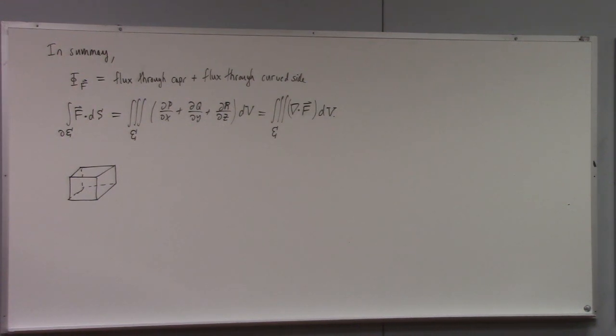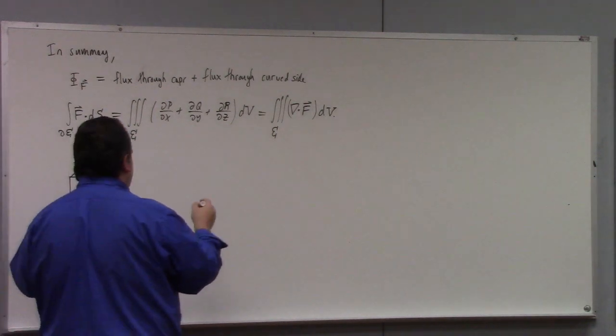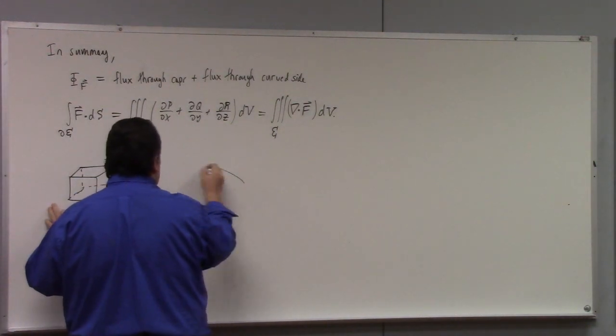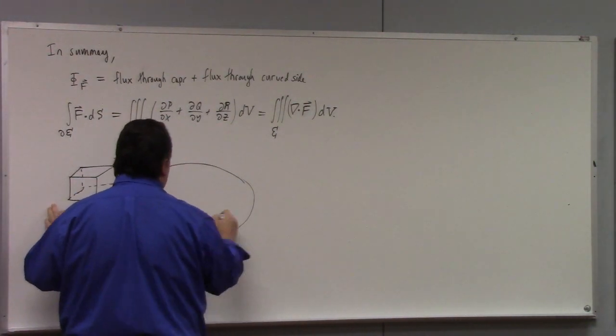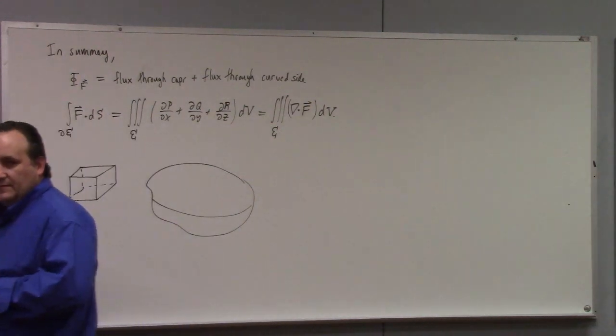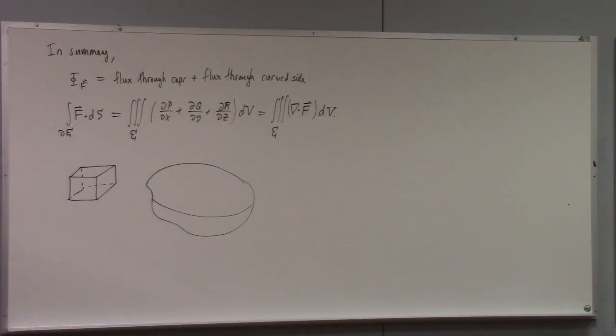Okay, so if you can prove it for that, then of course, are we going to apply the divergence theorem just to cubes and cylinders? Well, no, we're going to apply the divergence theorem to much more exotic shapes. So suppose you're dealing with some sort of three-dimensional blob and you want to apply the divergence theorem. Can you still do it?